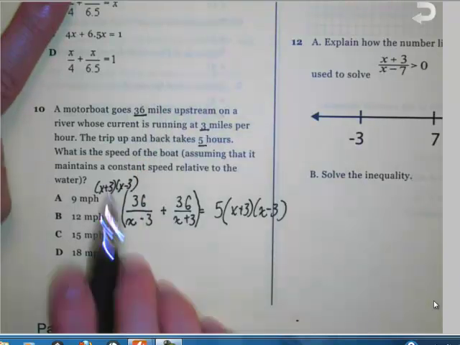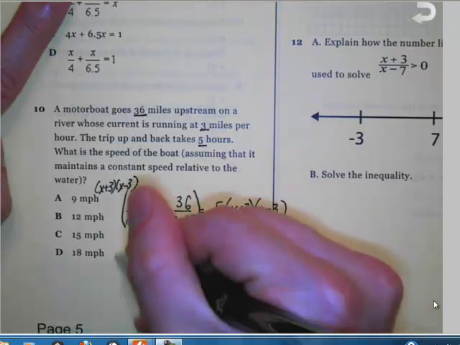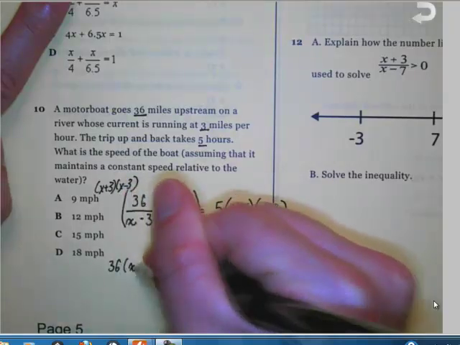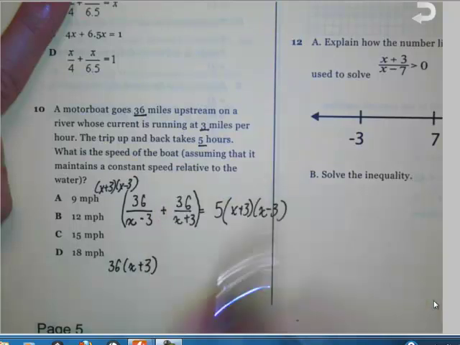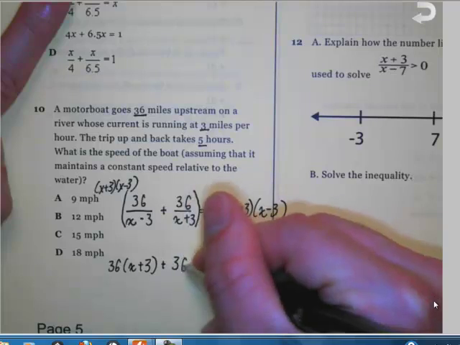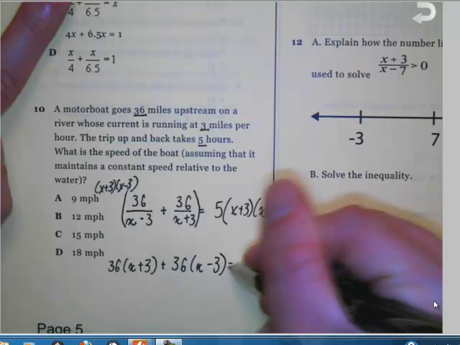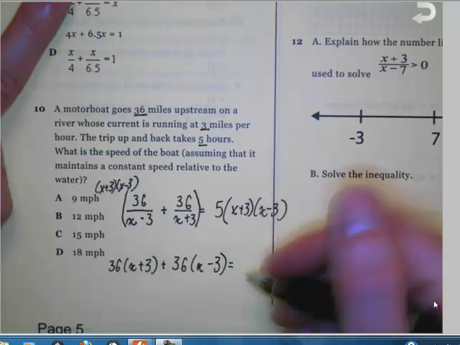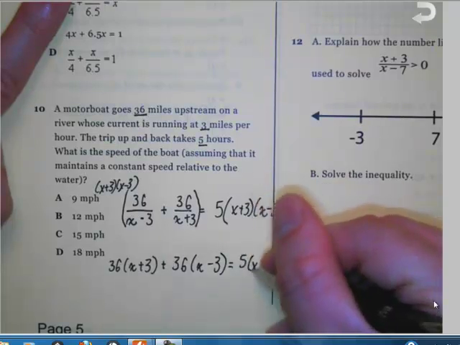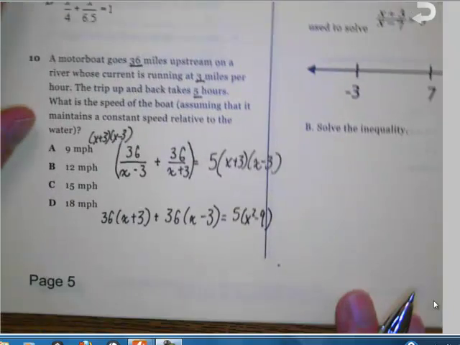So here the x minus 3's cancel, leaving you with 36 times x plus 3. Here the x plus 3's cancel, leaving you with 36 times x minus 3. And here we FOIL these to find that this is actually 5 times x squared minus 9, because this is actually the difference of squares.